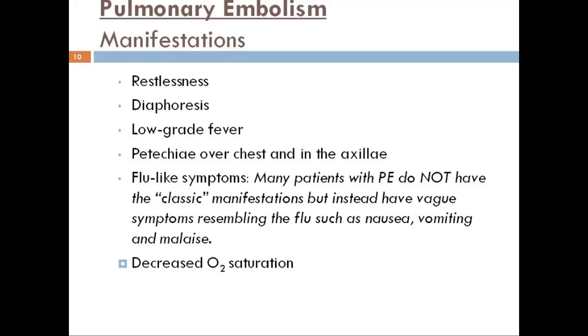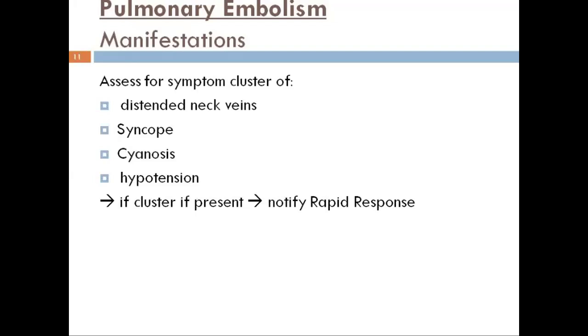All right, so how is this assessed? Assessment for the following symptom cluster. You have to look for distended neck veins, syncope, cyanosis, hypotension.